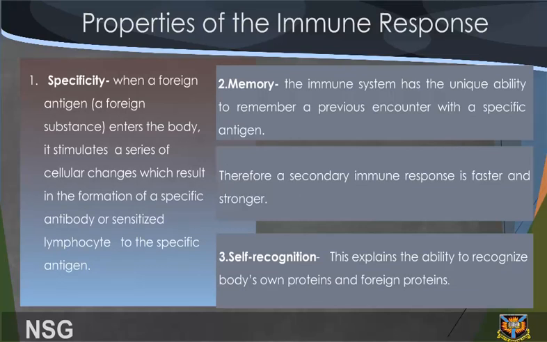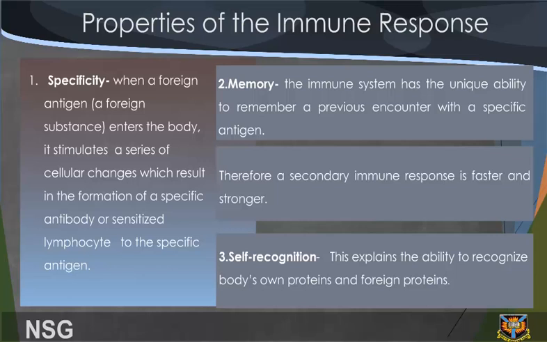1. Specificity. When a foreign antigen, a foreign substance, enters the body, it stimulates a series of cellular changes which result in the formation of a specific antibody or sensitized lymphocytes to the specific antigen. 2. Memory.